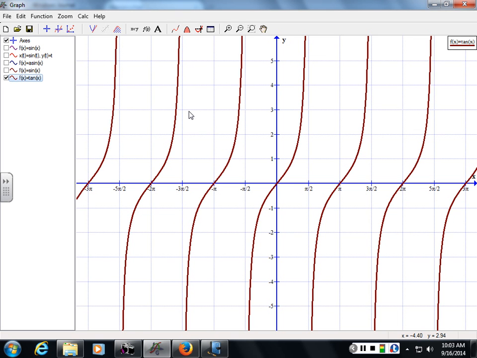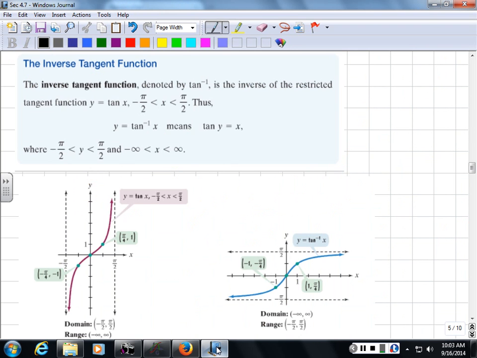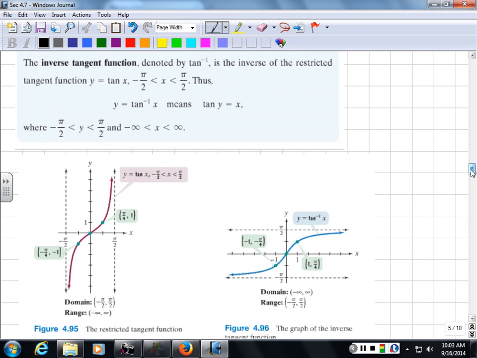But if we restrict it and go with just this part right here between negative pi over 2 and pi over 2, it will pass the horizontal line test. And we're going to do the same exact thing. y equals inverse tangent of x means the tangent of y equals x.